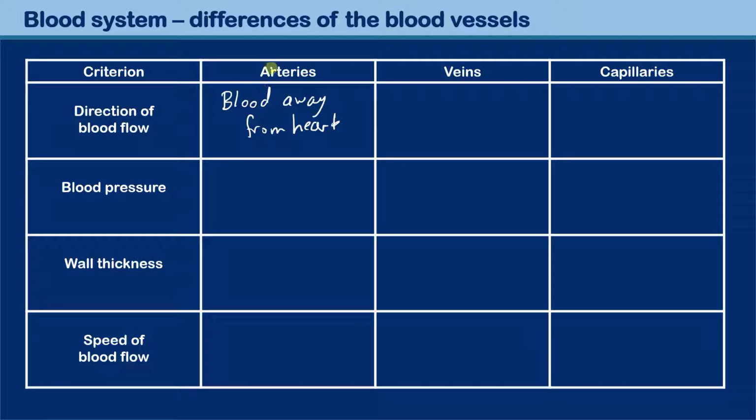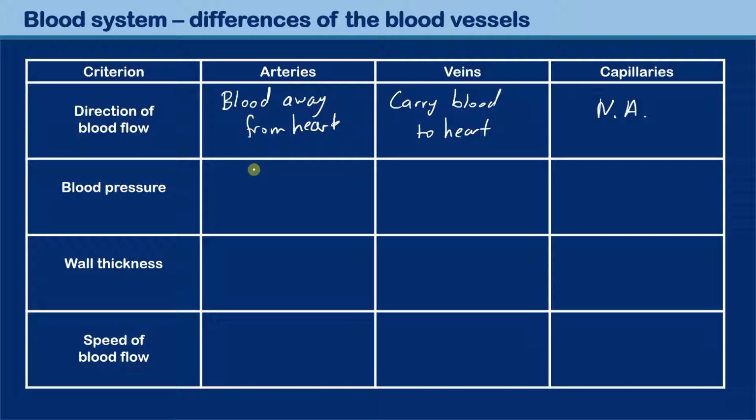You have to say arteries carry blood away from the heart and veins carry, let's write it properly, blood to the heart. What about capillaries? Well, neither. Capillaries are found between arteries and veins, so at the beginning you cannot really say whether they carry the blood away or towards the heart. So this is actually not applicable, really.